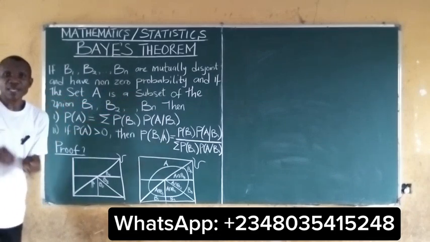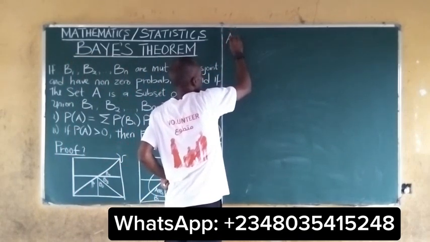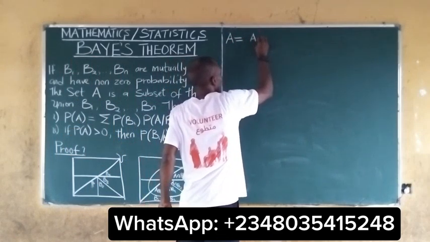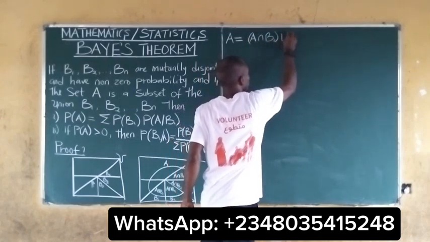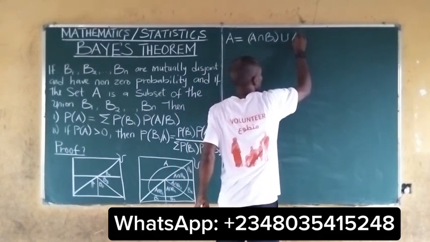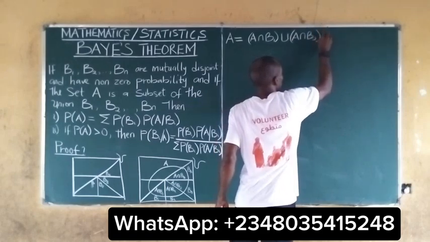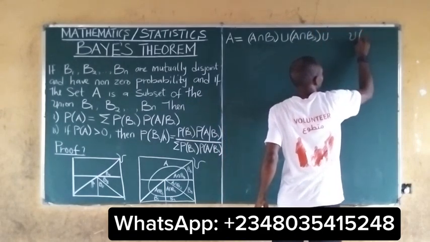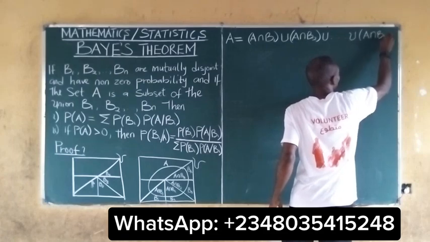So it then means that set A is equal to A intersection B1 union A intersection B2 union A intersection Bi.